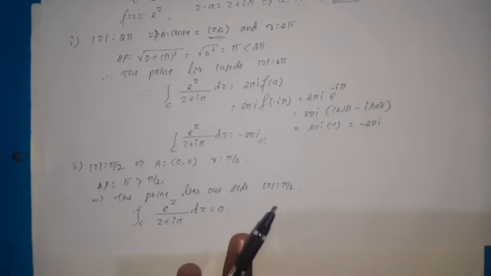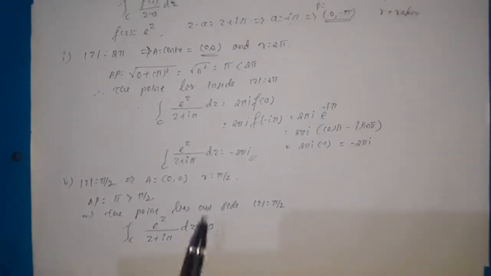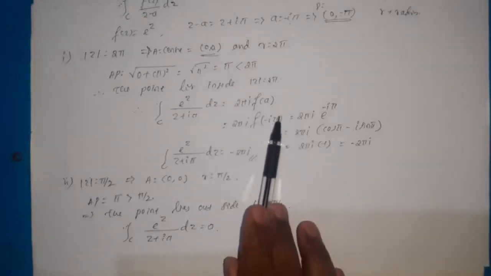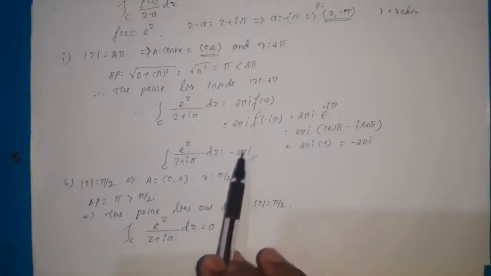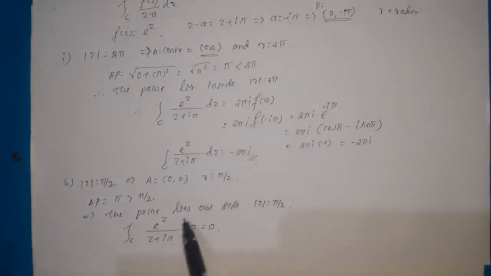So here we can evaluate by the same condition, that is 2 pi I f of a, where a is equal to minus I pi, and f of z equal to this e power z.